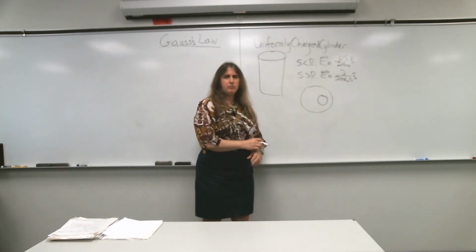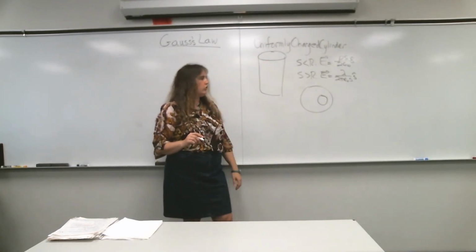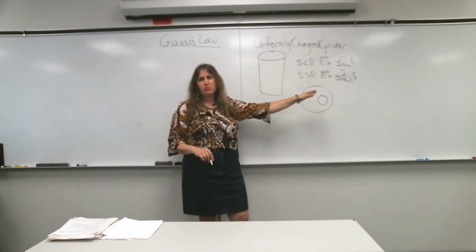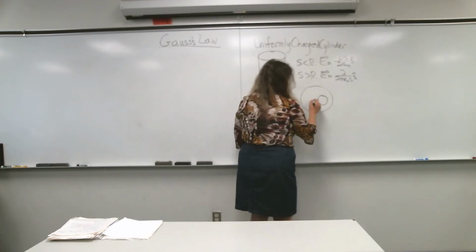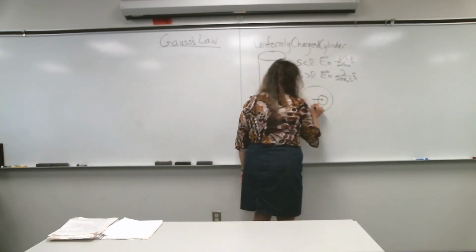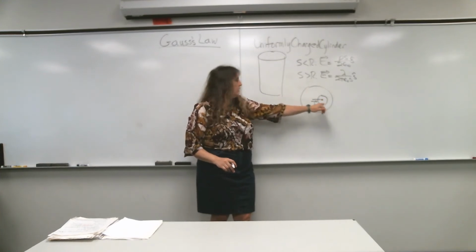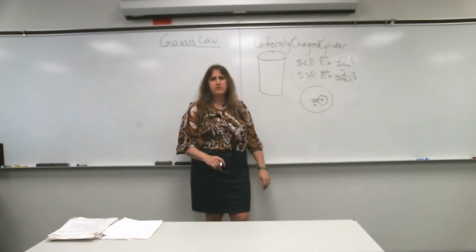Let's say now that I'm looking at this charged cylinder from the end, and I've punched a hole, or tube rather, through that cylinder. And that tube is offset from the center by a distance b.